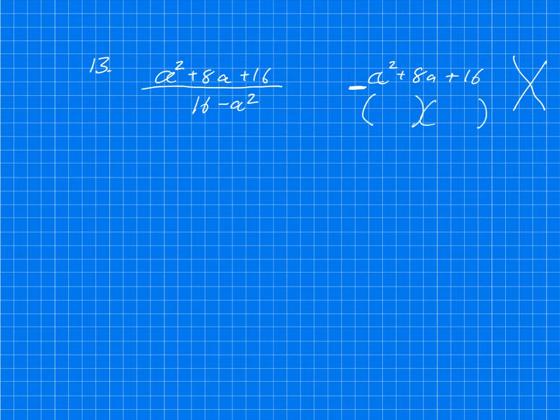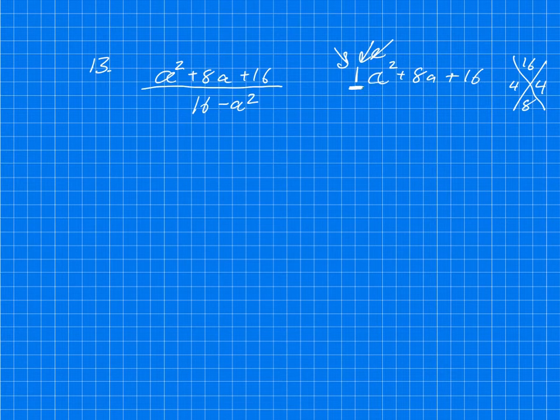If there's just a 1 here, not a 2, not a 3, not a 4, what we can do is just put an a here and an a in the front. And then we're going to be looking for two numbers that multiply out to be 16 but add up to 8. Those two numbers, if you think for a while, will be 4 and 4. So the answer to this is actually a plus 4 times a plus 4. So that's the shortcut. I feel like I want to go ahead and do it as a splitting of the middle term, just to make sure that some of you guys don't get confused.